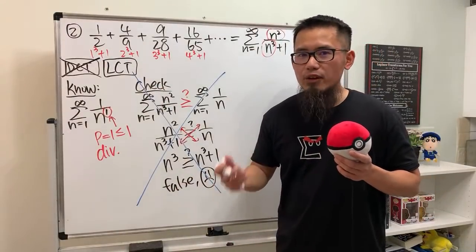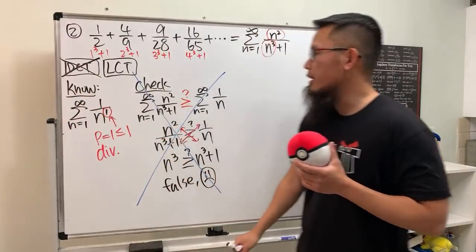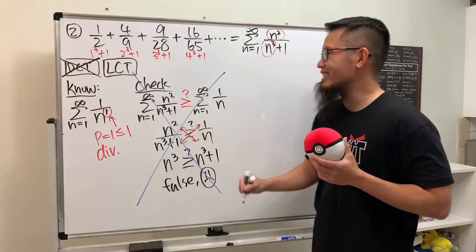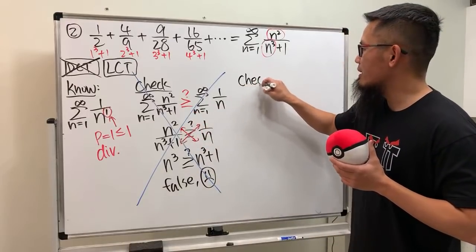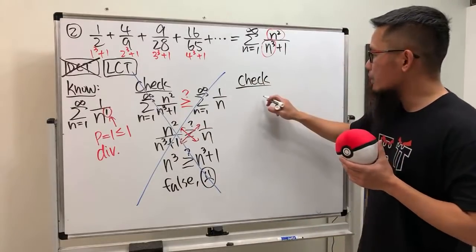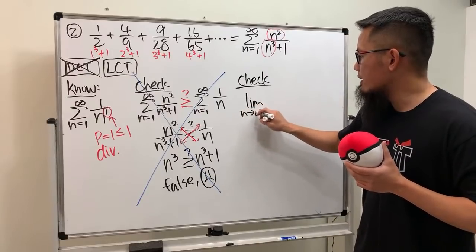Guess what? The first step is the same. We are going to put down what we know, which is right here already. But instead of checking inequalities, we'll actually be checking a limit. So here is the deal. Let's go ahead and put down the check right here. The check is we will take the limit as n goes to infinity.